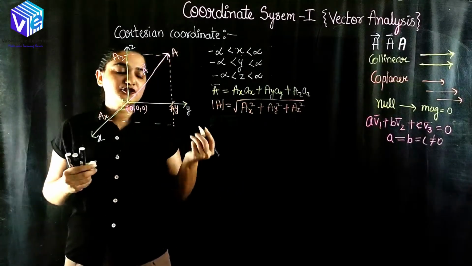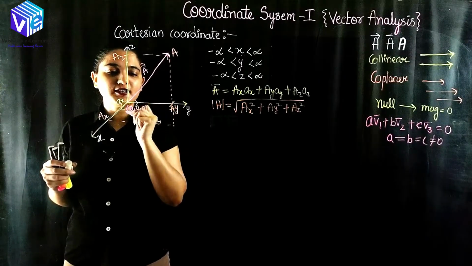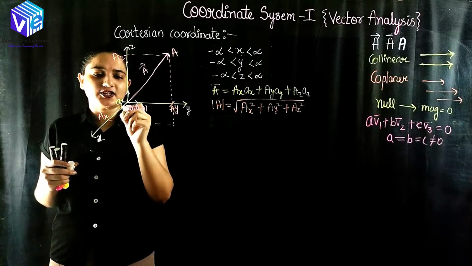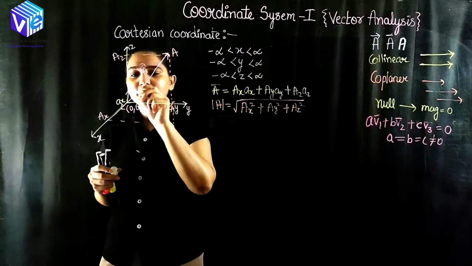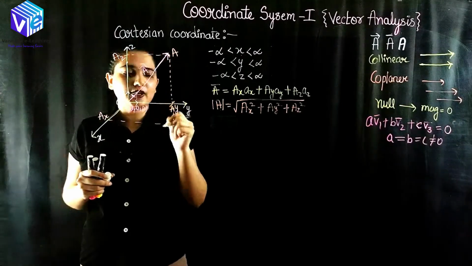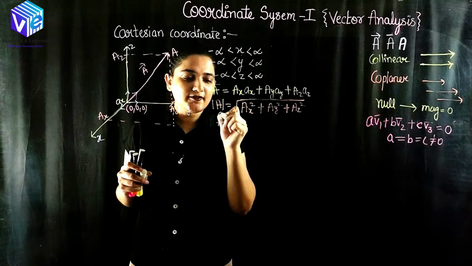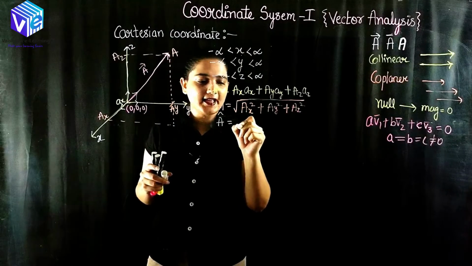Now if I need to find out a unit vector along the A direction, we already know the unit vectors along the X, Y and Z directions. So what is the unit vector along the A direction? The unit vector is denoted by a cap on it, so it is represented by A cap.